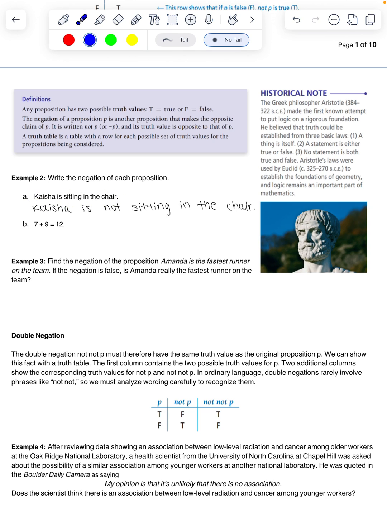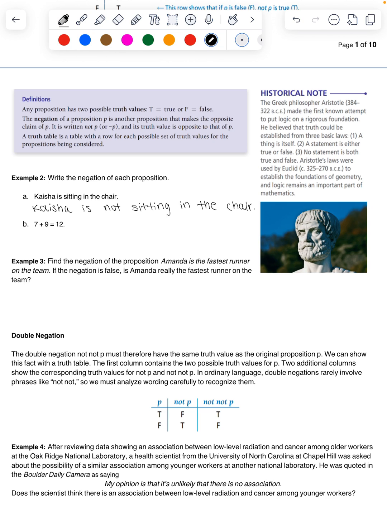Since our original statement was just "Kaisha is sitting in the chair," to negate that, we have to add in the not. If our original statement was "Kaisha is not sitting in the chair," we would remove the not to get the opposite.